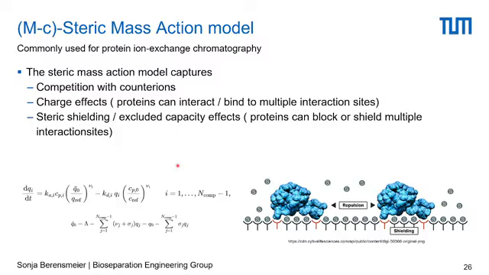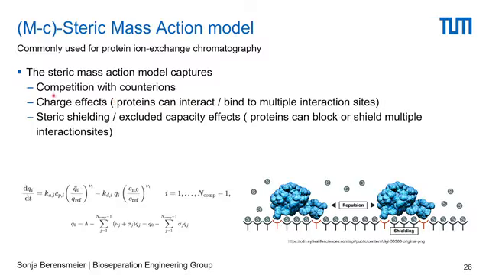Steric mass action is commonly used for protein ion exchange chromatography because this model also captures the competition of our proteins with the counter ions, so the salts that we are using to elute or to regenerate our columns. This model takes into account charge effects.